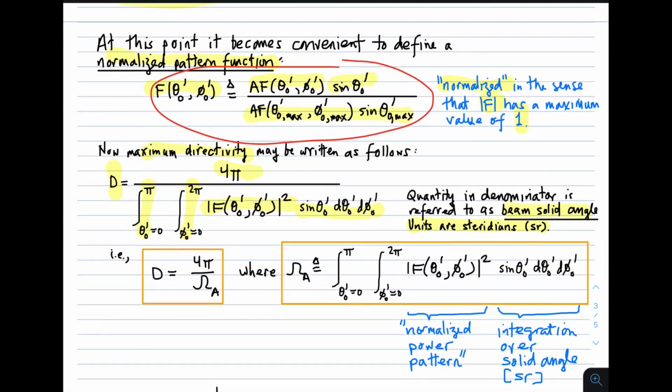So to clean this up a bit, we can say that the maximum directivity is simply 4π divided by Ω_A. That's what we're calling the beam solid angle. You can now appreciate why we like to do this, because this gives us a very simple interpretation of directivity. It's simply 4π, the number of steradians in a sphere, divided by the beam solid angle, which is another way of talking about the directivity of this thing.